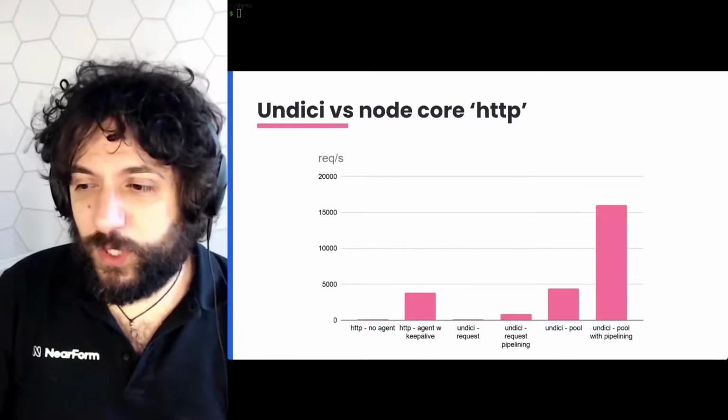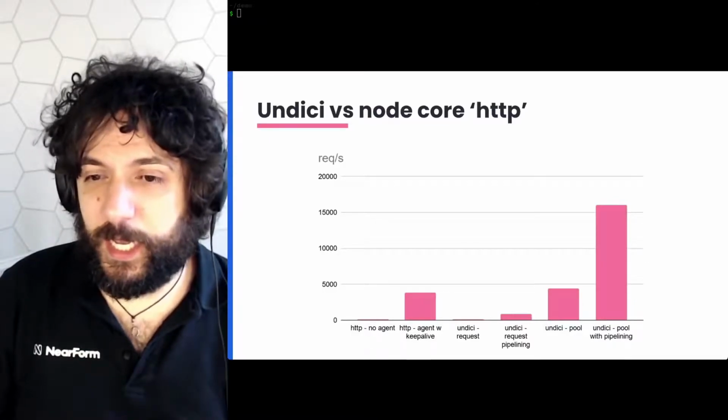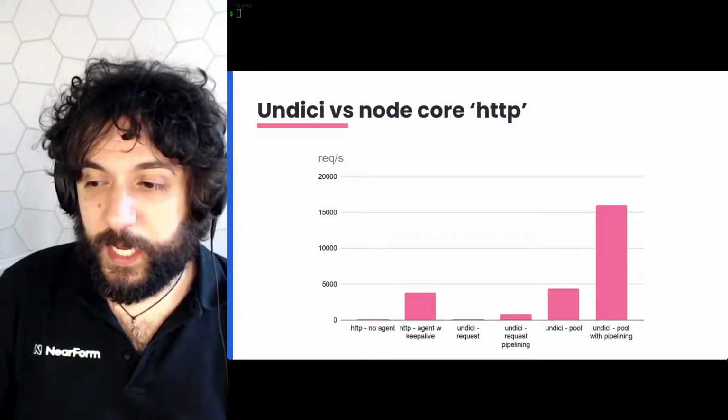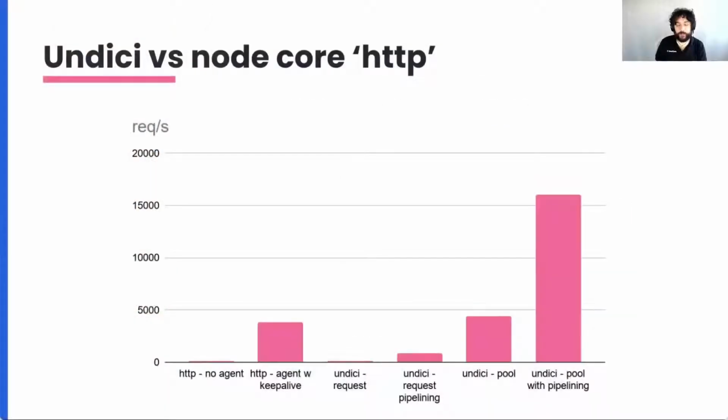So if we are considering just a very simple system, the simple system as before with keep alive, if we don't enable pipelining, there's not much effort here. But if we enable pipelining, we can dramatically increase the number of requests per second that Node Core can send.